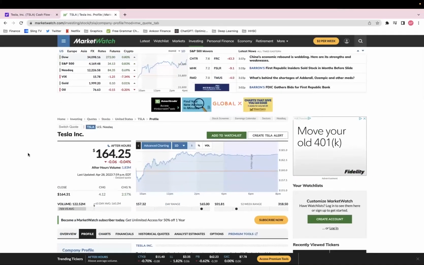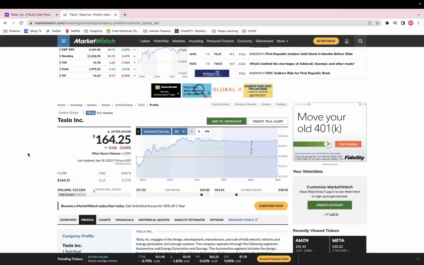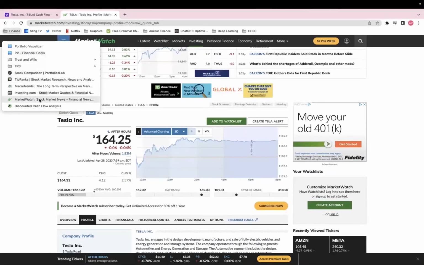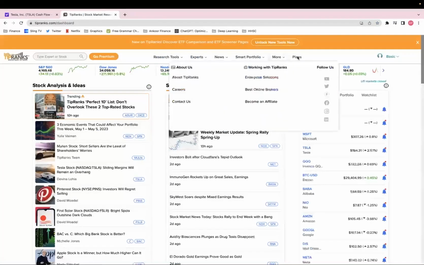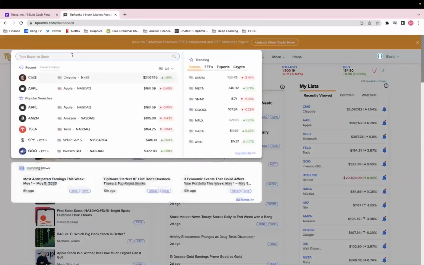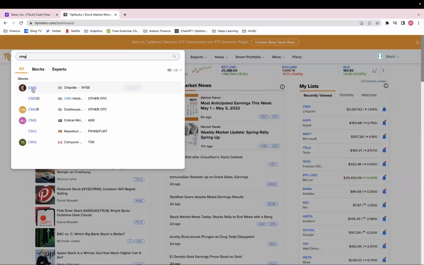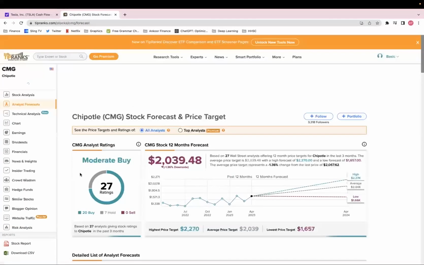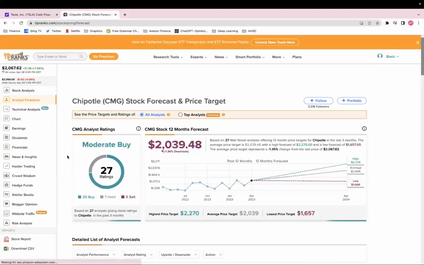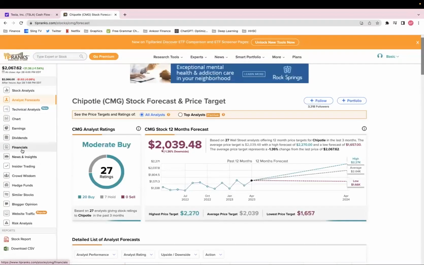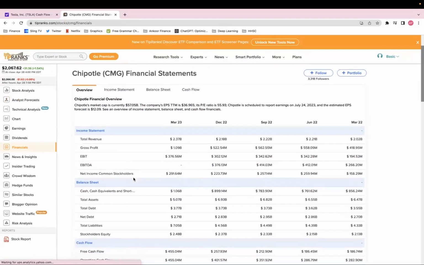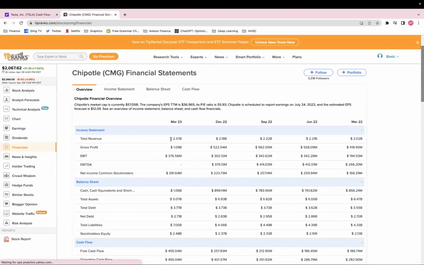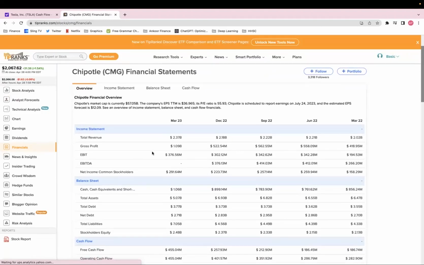All right, so that's ratios, and there are so many sites. I'll show you another one. TipRanks is awesome too. I like TipRanks. Let's say Chipotle, CMG, we saw yesterday. Let's look at the financials.